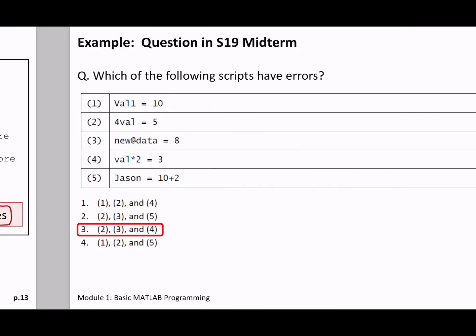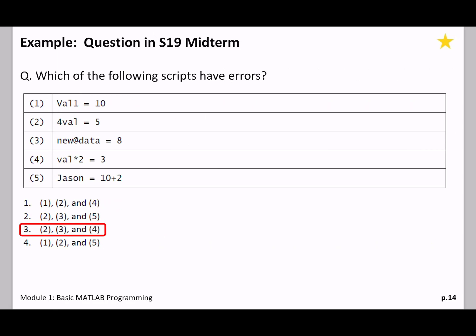All right. Another example is a question from last year's midterm. Which of the following scripts has an error? The first one, no error, right? It starts with a letter and no symbol is used here. This is an error, right? Why? It starts with 4.